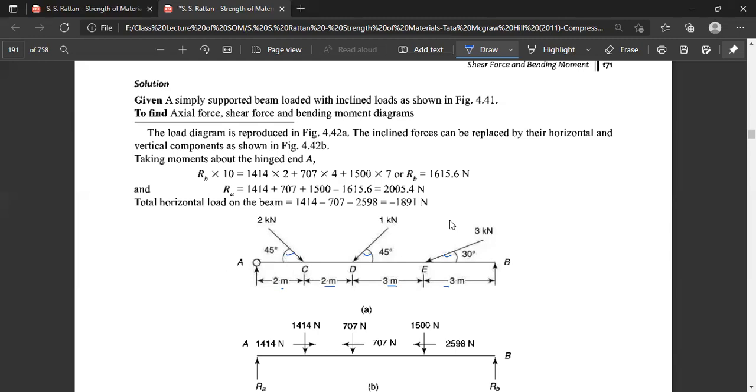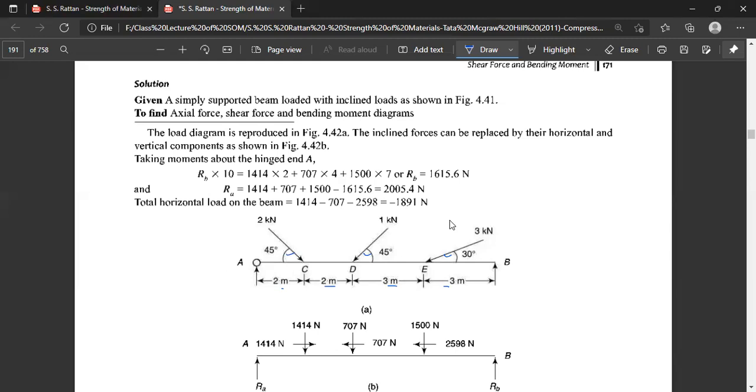For 1 kilonewton, we have the same 707 in the horizontal direction leftwards and 707 in the vertical direction downwards. And 3 kilonewtons with cos 30 degree will be 2598 Newton leftwards, and the vertical component 1500 Newton vertically downwards. This is the force diagram here.